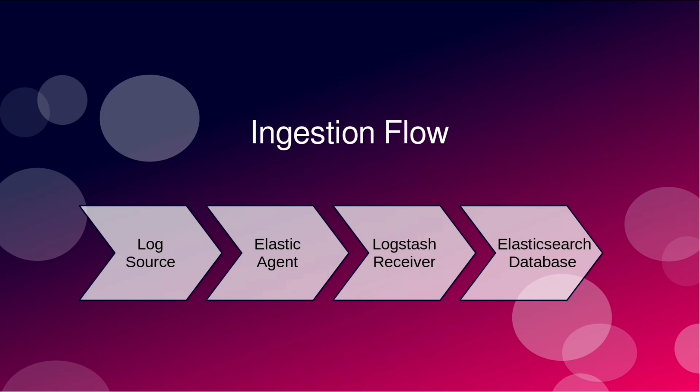The Elastic Agent is what we use as the log shipper in the environment. So that's what initially accepts the logs. It sends them to a Logstash receiver, which in this environment is running on the manager search. And then that Logstash receiver dumps them into a queue, and they end up getting ingested by Elasticsearch on the back end.